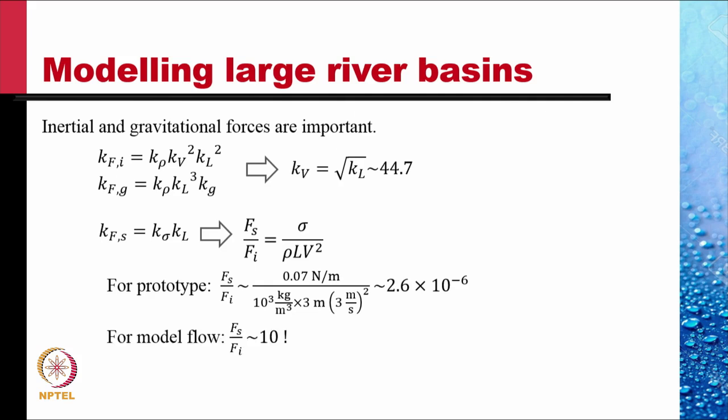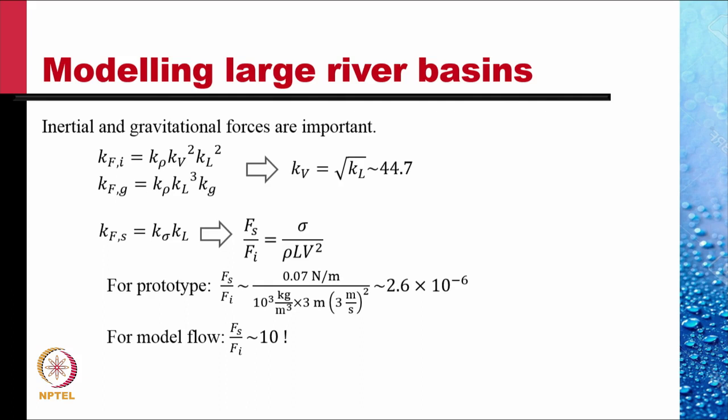For model flow, if we follow the same dimensions for the depth, 1:2000, then this gives you the surface tension force over inertial force of the order of 10. Definitely surface tension forces cannot be neglected in the model.